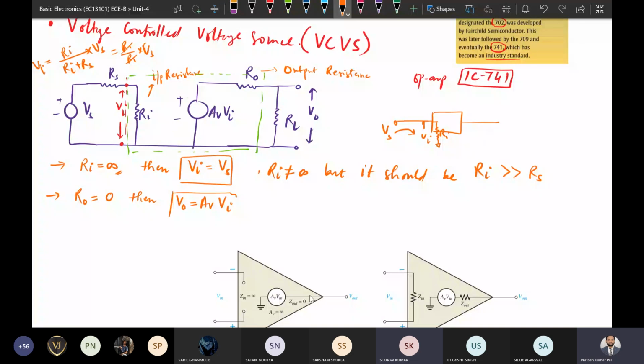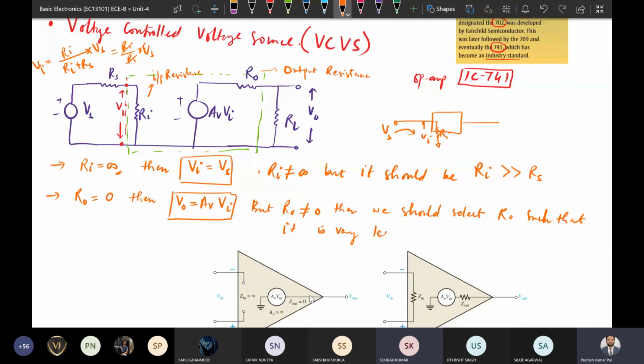But if R output is not equal to 0, then we should select R output such that it is very much less than RL.